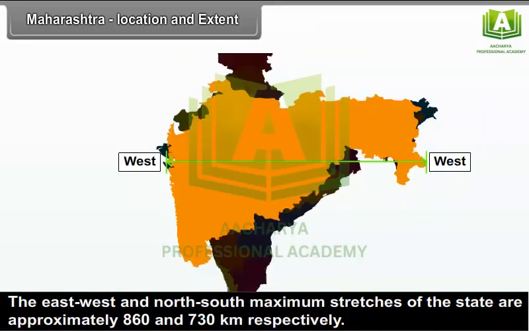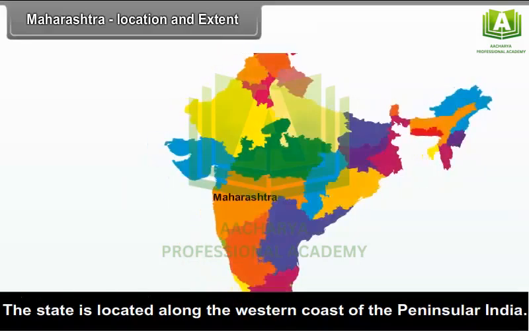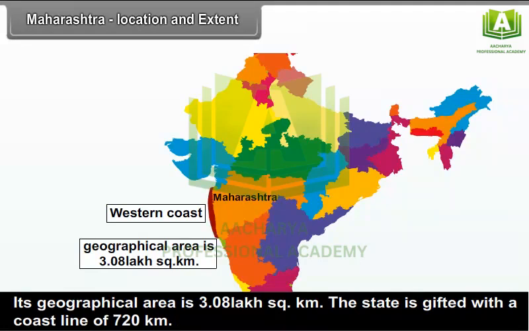The east-west and north-south maximum stretches of the state are approximately 860 and 730 kilometers respectively. The state is located along the western coast of peninsular India. Its geographical area is 3.08 lakh square kilometers.